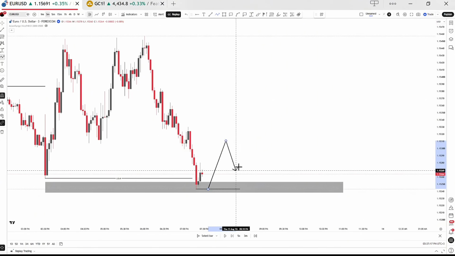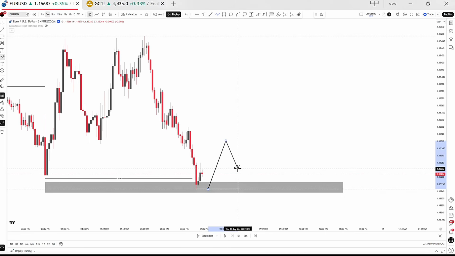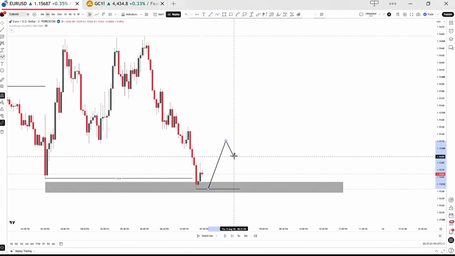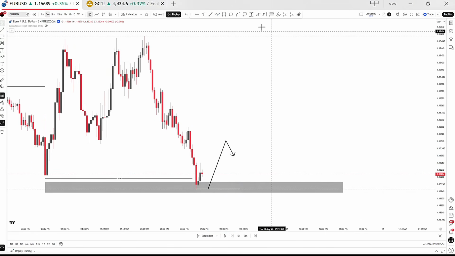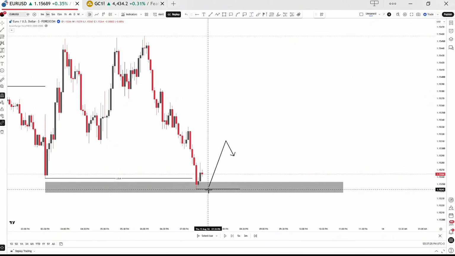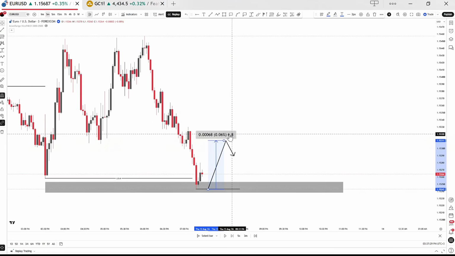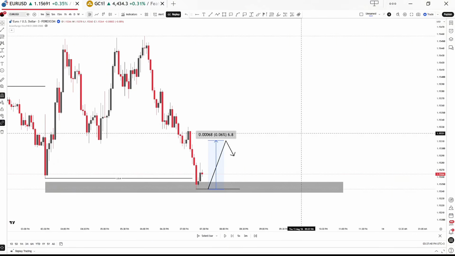When it does this internal pullback, this is all calculated with a 2.6 mathematical strategy. You get your price range tool to measure this high. Whatever answer you get here, in this case is 6. So once we divide 6 by 2.6, it is a 2.